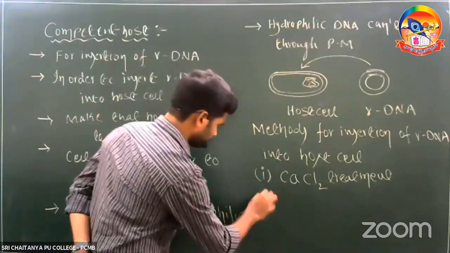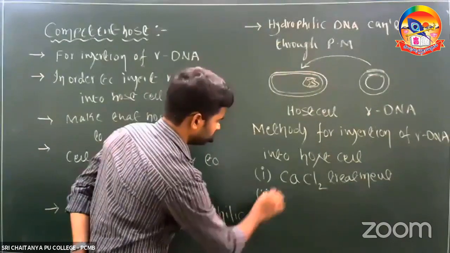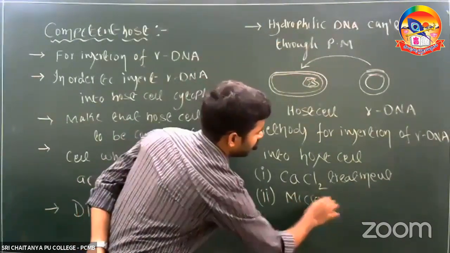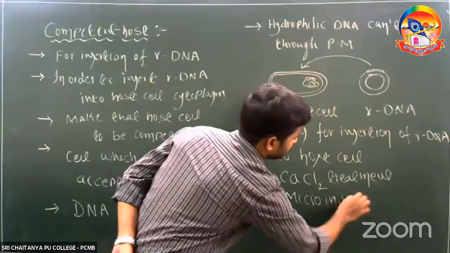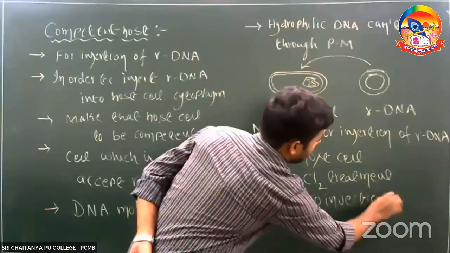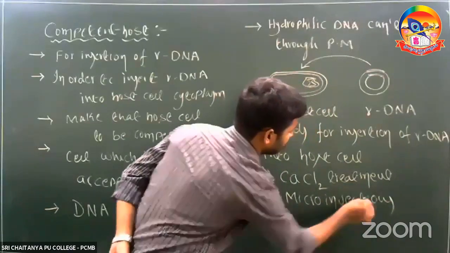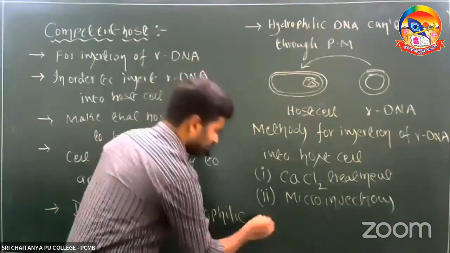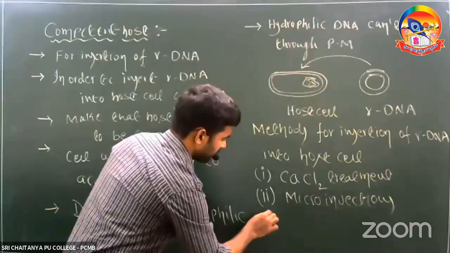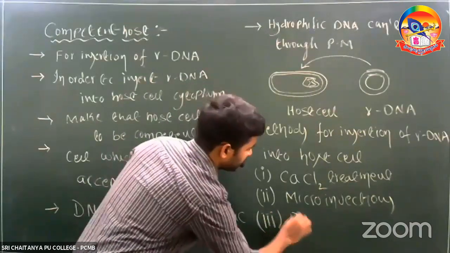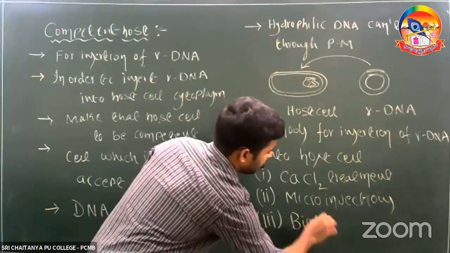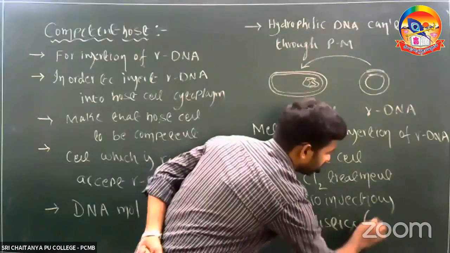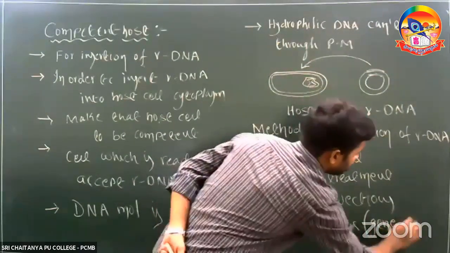Then the second one, micro injections. Then the third one, biolistic methods, otherwise we call it the gene gun method.